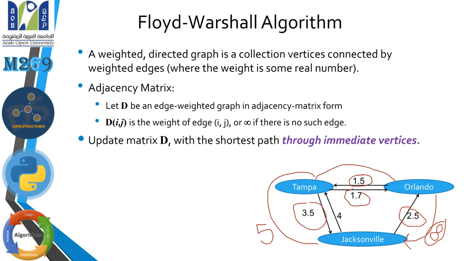So there is a path from Orlando to Jacksonville, but indirectly. Tampa here is considered an intermediate vertex. So we want to start thinking about this using these concepts, before we see how Floyd-Warshall finds the shortest path between all pairs of vertices in the graph.